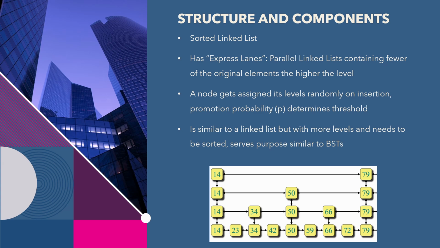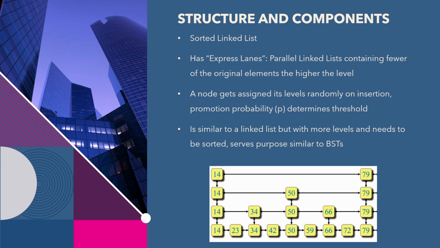There's a 50% chance that it will also be implemented on the next level, level 1. And then from that level 1, there's a 50% chance it's going to be implemented on level 2. And then 50% chance from there it's going to be implemented on level 3. And then say that p-value is like 1/4 instead of 1/2, then that's just like a 25% chance that it moves on to the next level.